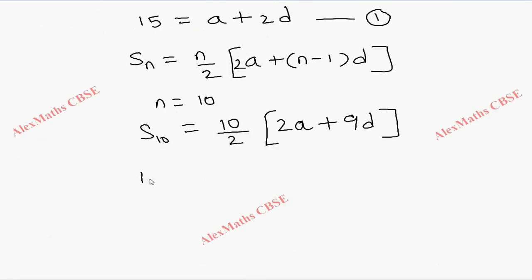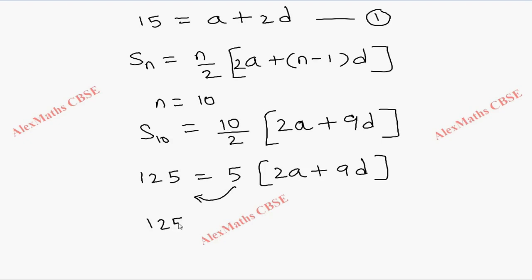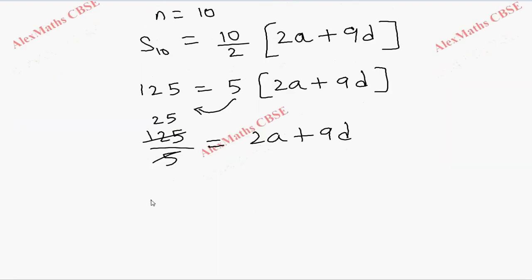If I substitute 125 here, and cancel 5, this becomes 2A plus 9D. Even we can take this 5 to the other side and divide. So 125 by 5 equal to 2A plus 9D. After division, this is 25. So we got another equation, which is 2A plus 9D equal to 25.